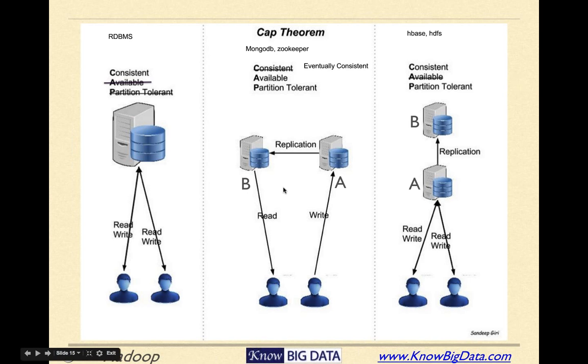But there is a downside of this approach. Although it is highly available, we also did not talk about partition tolerance earlier. So if this machine goes down in case of RDBMS, because it's a single machine, in the first diagram I'm talking about, I've gone back to the first diagram. If this machine goes down, neither readers nor writers will be able to do anything.